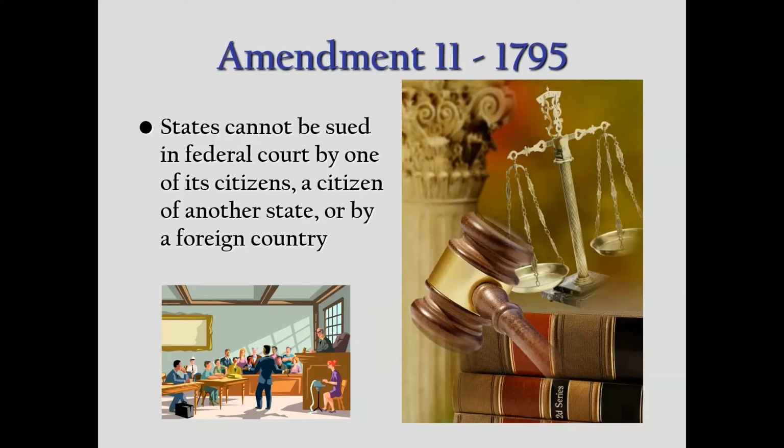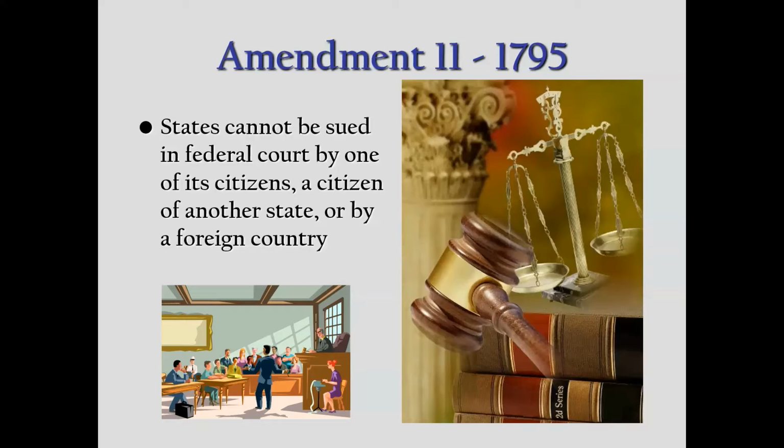So the individual states are unable to be sued. I think this amendment is aimed at addressing issues of early colonial America, because I don't think it's too much of an issue of the state of Missouri wanting to sue the state of Texas or something like that.